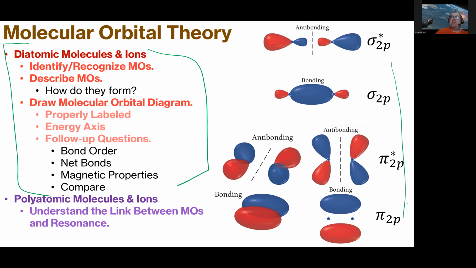All I'm expressing in this video is I want you to be able to look at something and say, oh yes, this is doing resonance, and the resonance happens because of molecular orbitals. The molecular orbitals cover multiple atoms, so the bonds cover multiple atoms. That's the link between molecular orbitals and resonance.